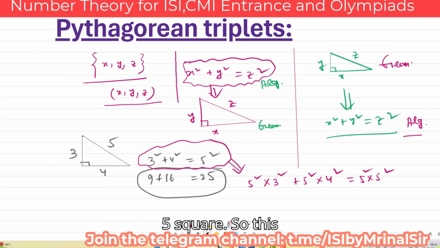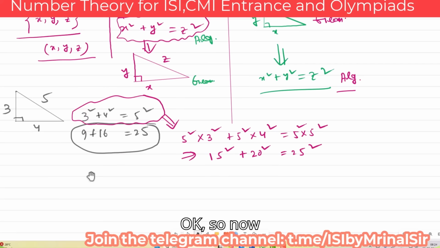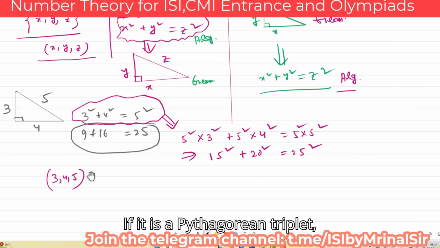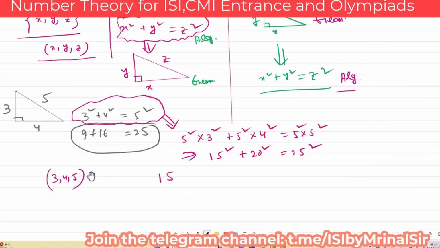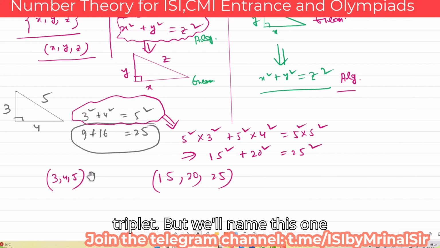This implies 15 square plus 20 square equals 25 square. So now these are three triplets. It was 3, 4, 5. If that is a Pythagorean triplet, then 15, 20, 25 is also a Pythagorean triplet.